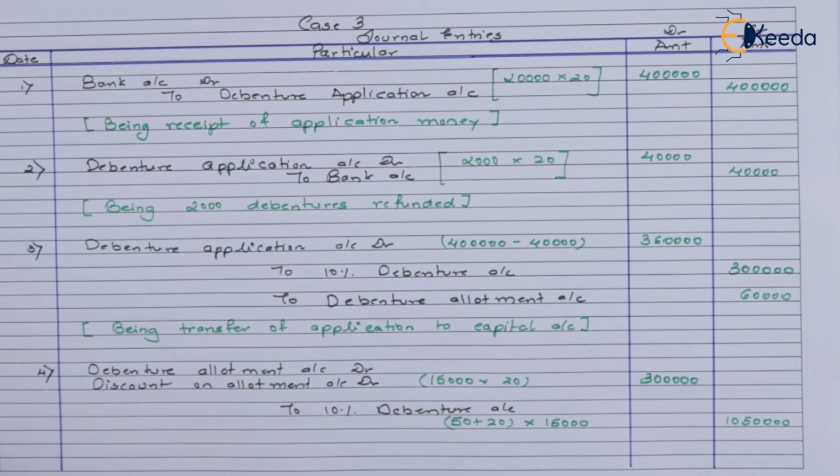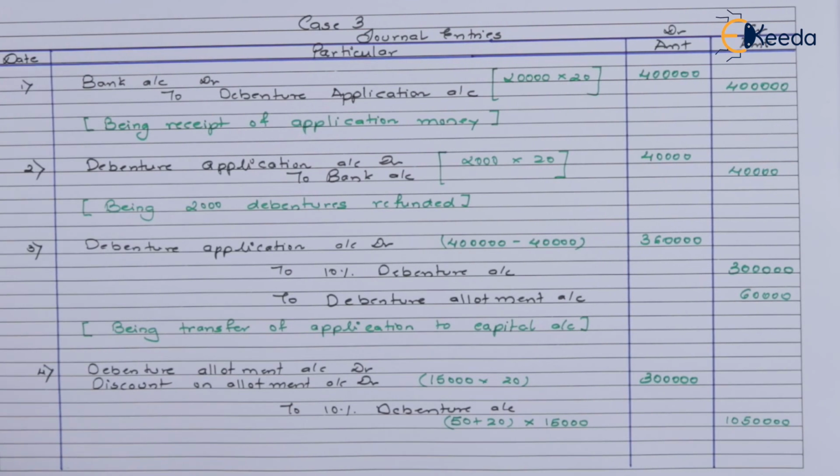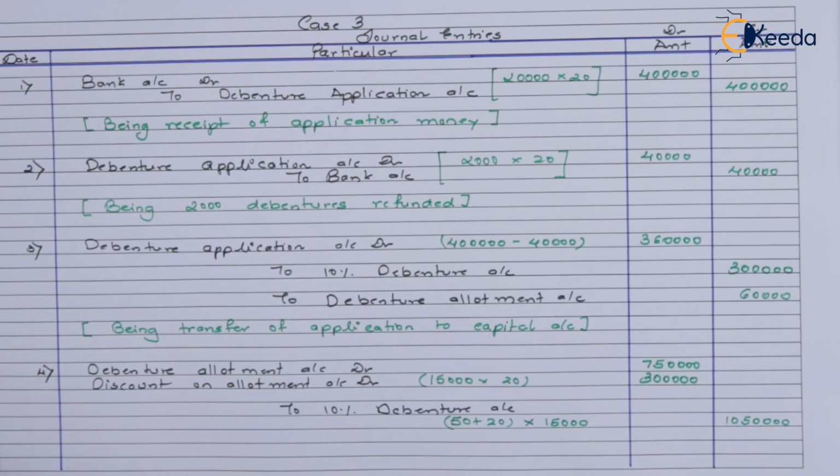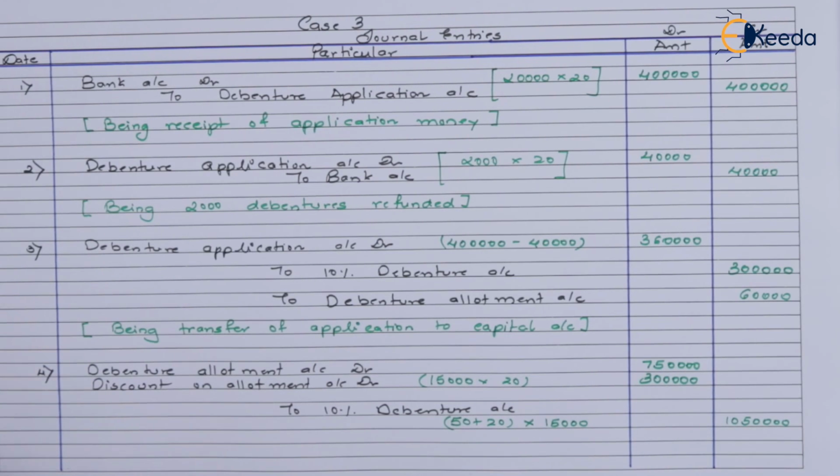So if 10 lakh 50,000 is the total, out of which 3 lakh is the discount, whatever amount is the balance is what can be expected from allotment here. So 7 lakh 50,000 is the allotment money that we can expect to receive here.